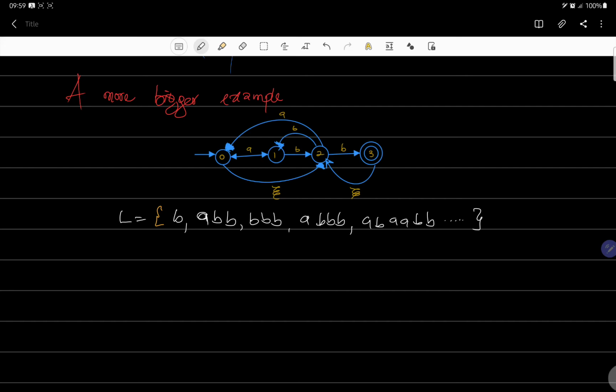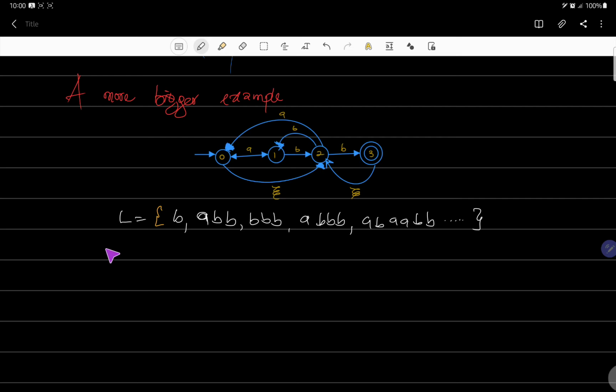The lecturer mentioned that in the exam, he might ask something like, is this string a member of this set, or a member of the language of this diagram that we just drew?